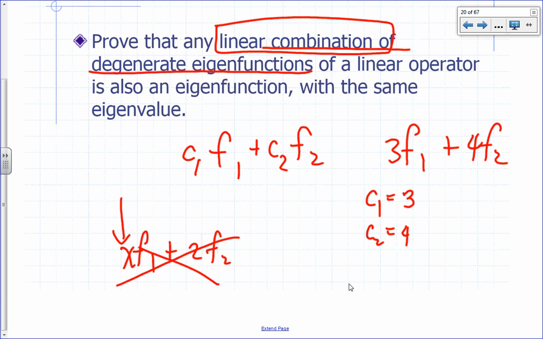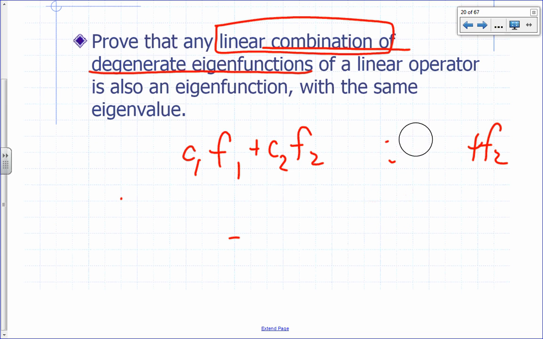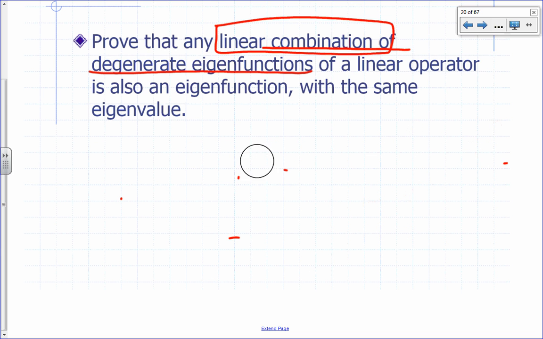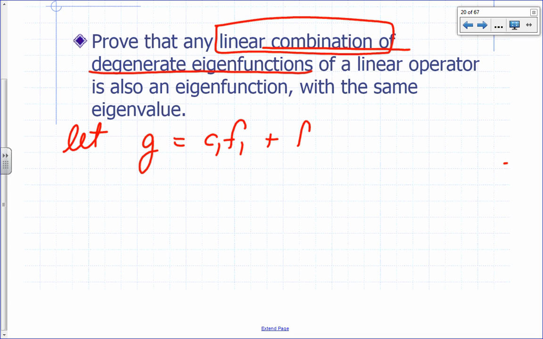So what are we trying to prove here then? We're just going to prove this for two eigenfunctions. You can generalize this later to more than two eigenfunctions. So let function g equal c1 f1 plus c2 f2. So that's a linear combination.